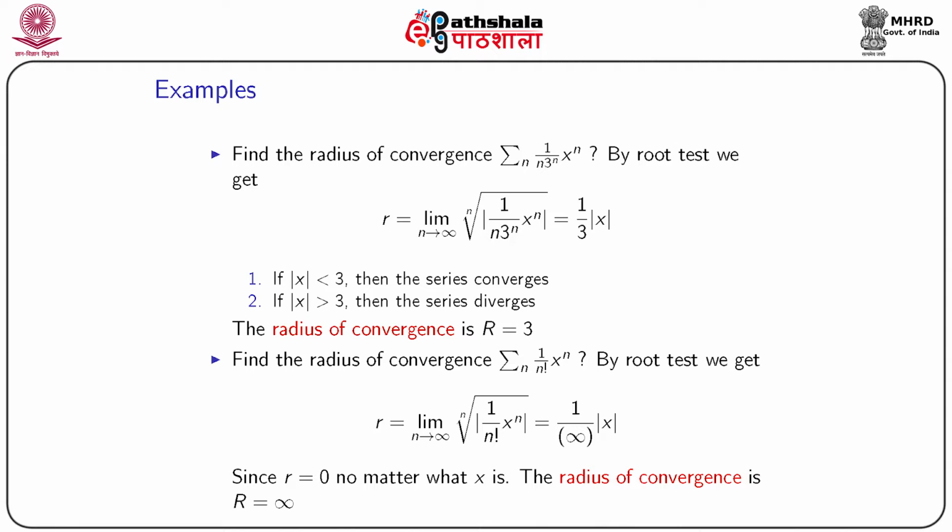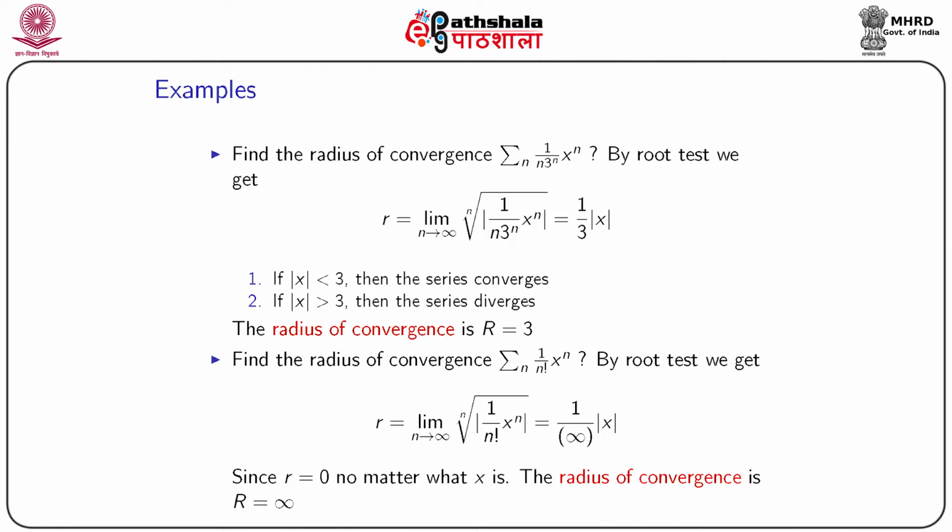By the root test, after some manipulation, r can be written as 1/3 mod x. If mod x is less than 3, then the series converges, and if mod x is greater than 3, then the series diverges. So the radius of convergence is r equal to 3.